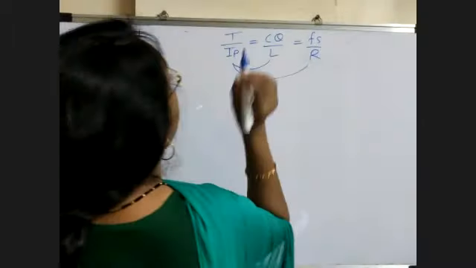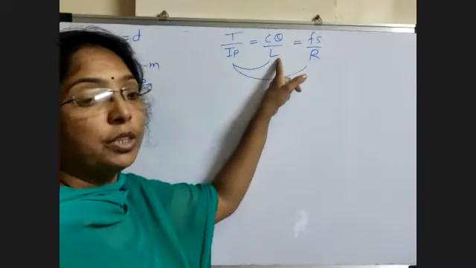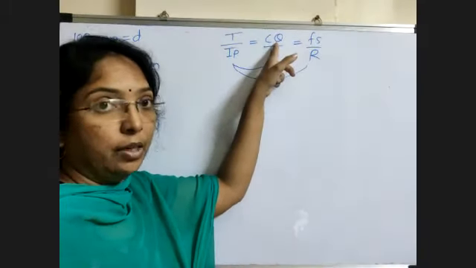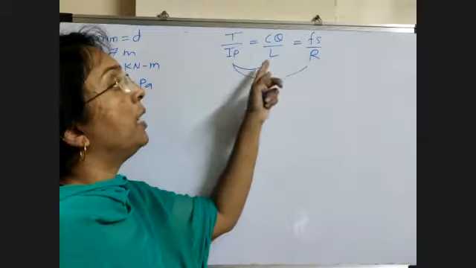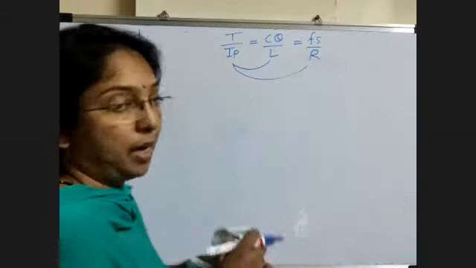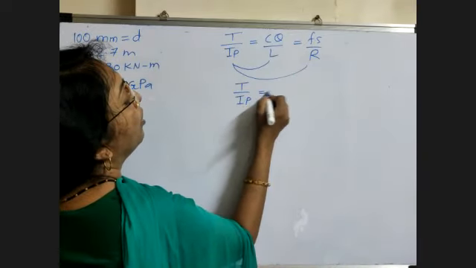Which part will we use, first-second or first-third? See what is given: modulus of rigidity is given, and the length of the shaft is also given, but theta, the angle of twist, is not given, so we can't use this. We have to calculate the maximum shear stress, so we again use the first and third part: T upon IP is equal to Fs upon R.